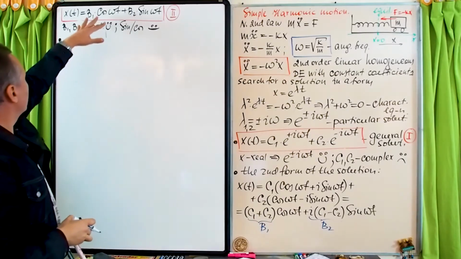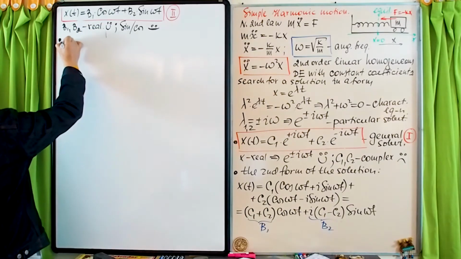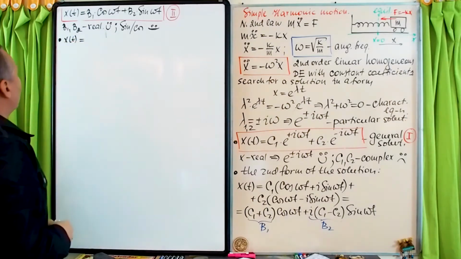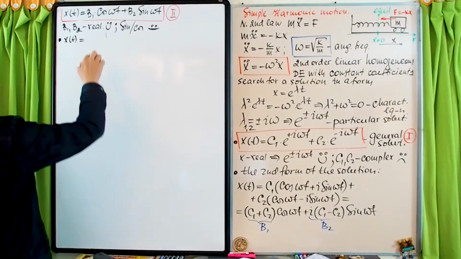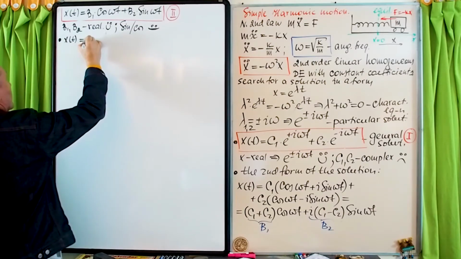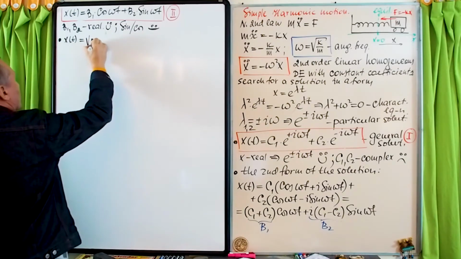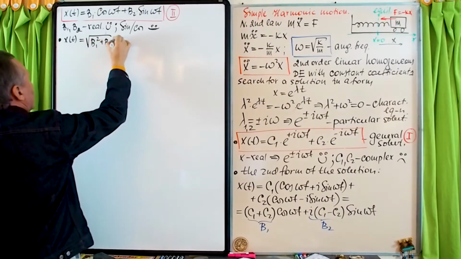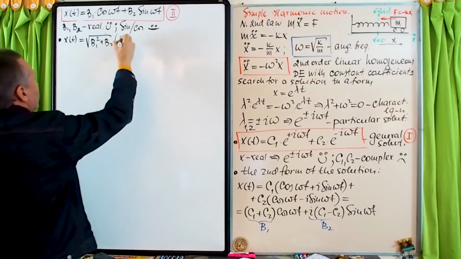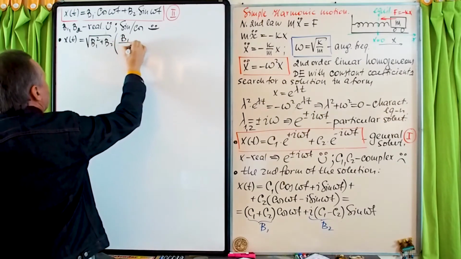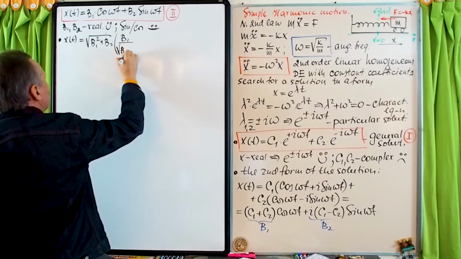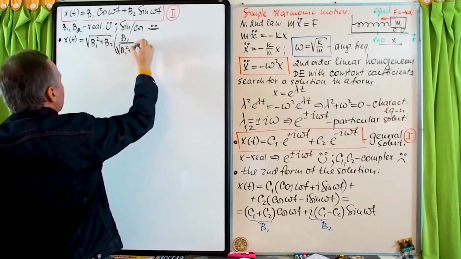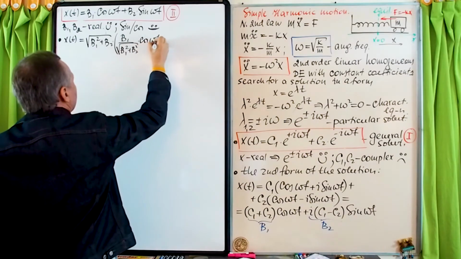And now out of this solution, I can get the last one, x as a function of t equals. I'm going to take the square root of b1 squared plus b2 squared factored out, and what will be inside? b1 divided by this square root times cosine omega t.